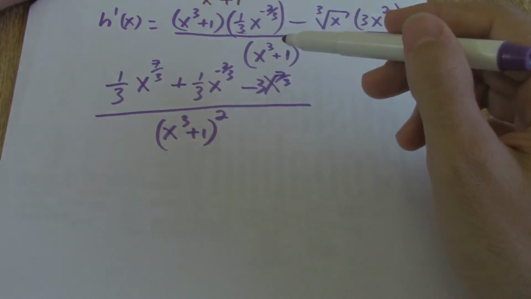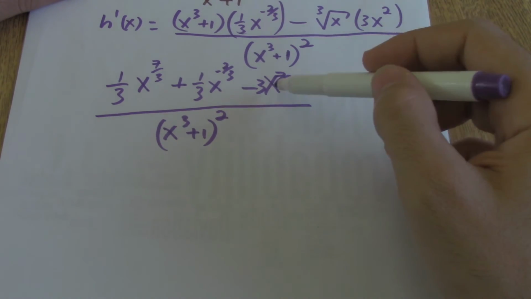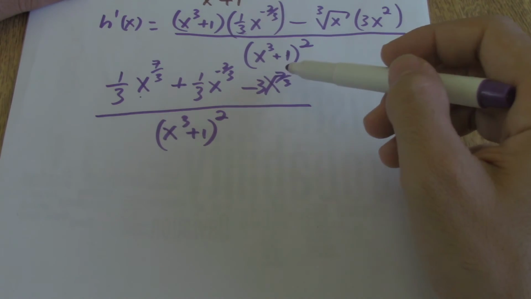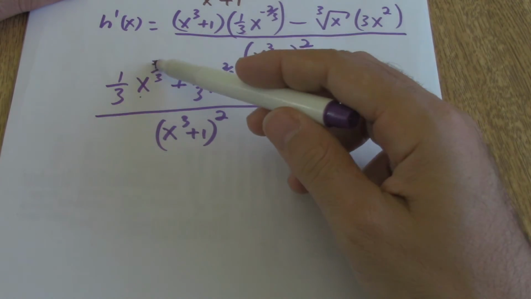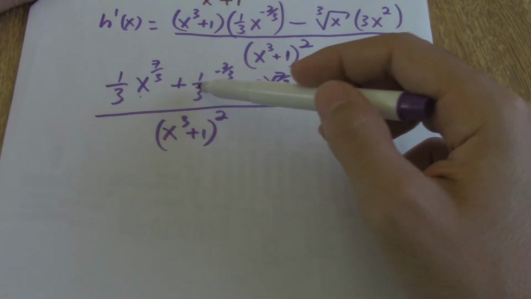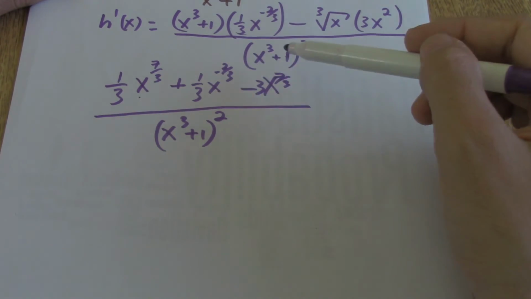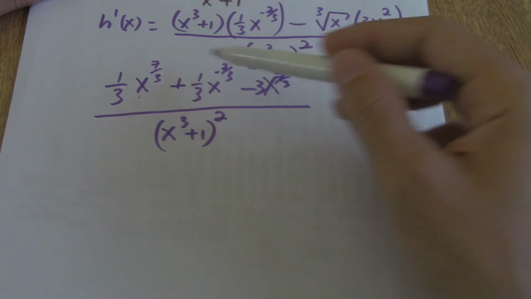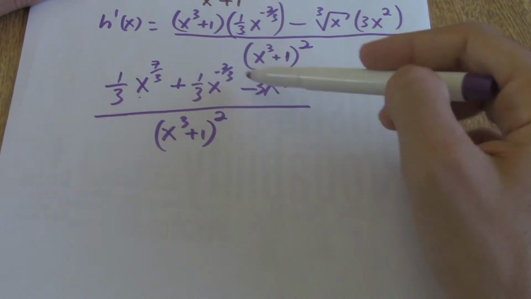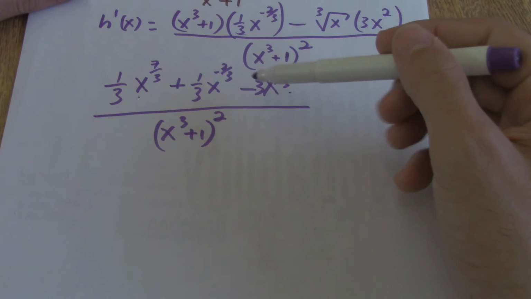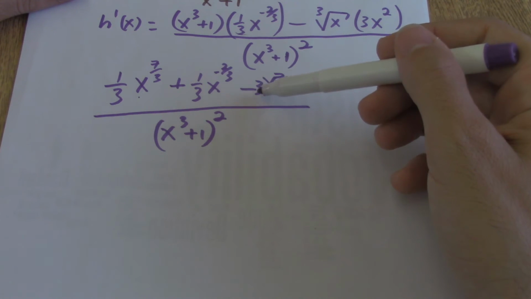Okay, let's keep working in the numerator. We have x raised to 7/3 here, and here we have 7/3. So we can combine this and this, because they are the same. 1/3 minus 3. Remember, 3 is like 9/3.